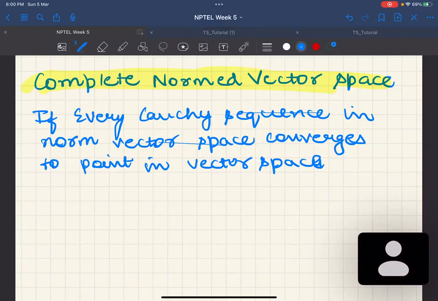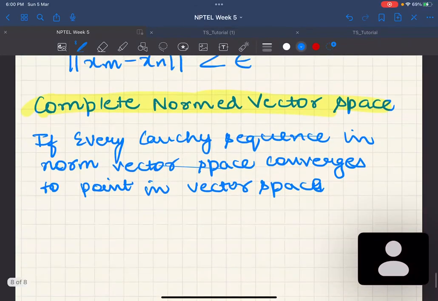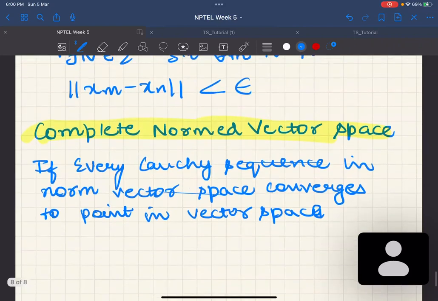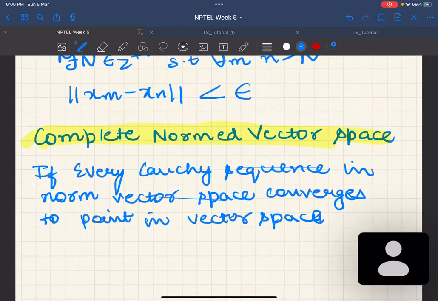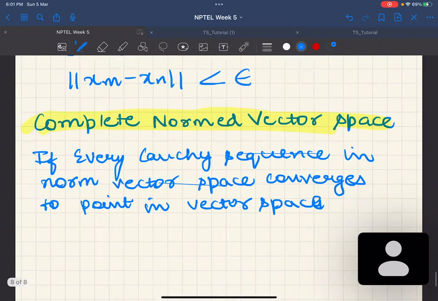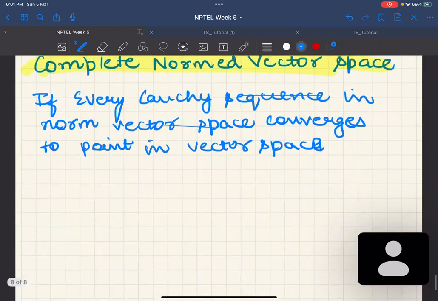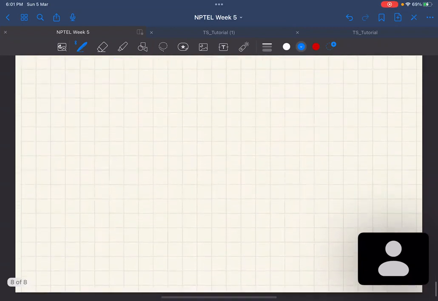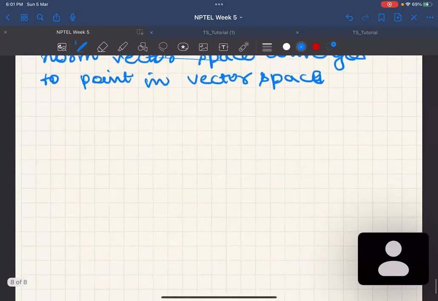If every Cauchy sequence, the sequence whose elements are coming closer and closer to each other, converges to a limit that is also in the space, that is a complete normed vector space. You got it? Or I can say if every Cauchy sequence is convergent, then the vector space is complete. Okay.